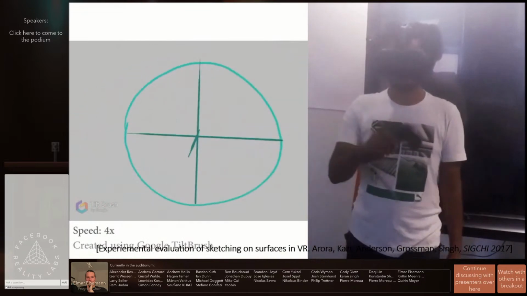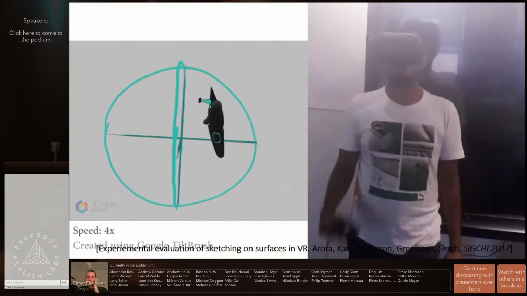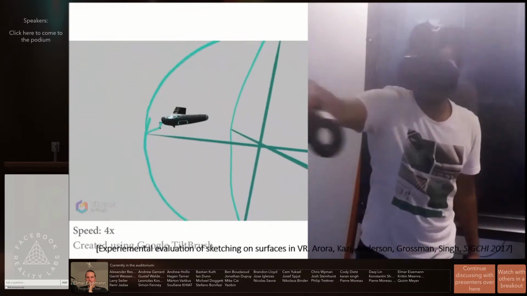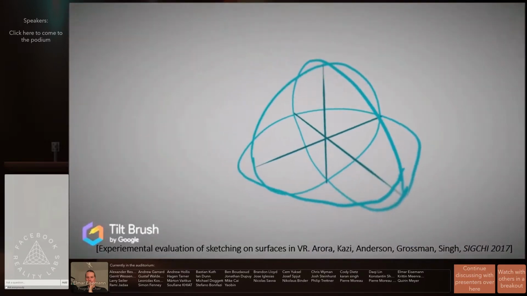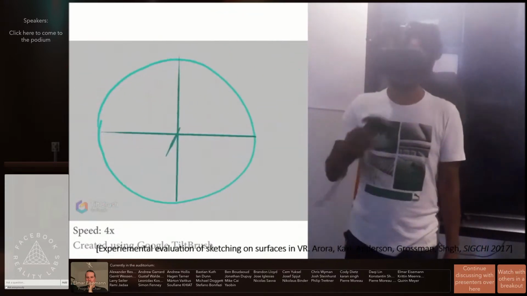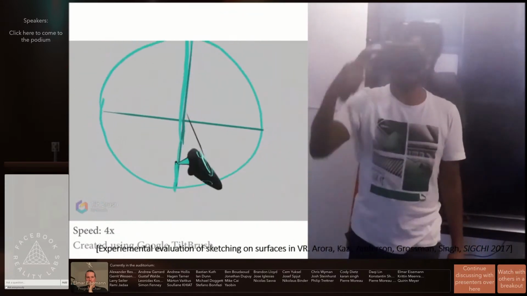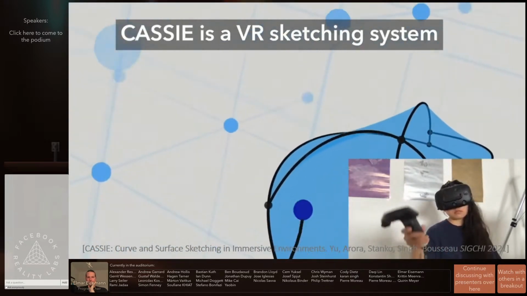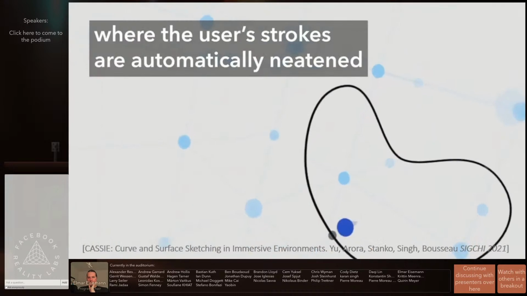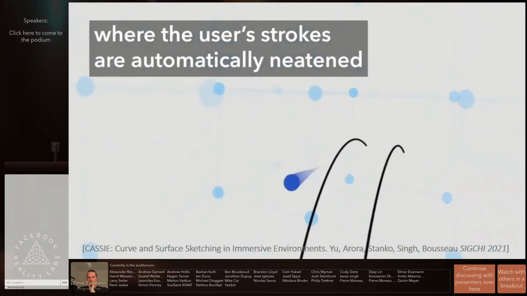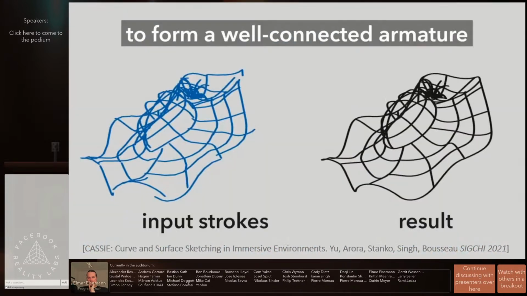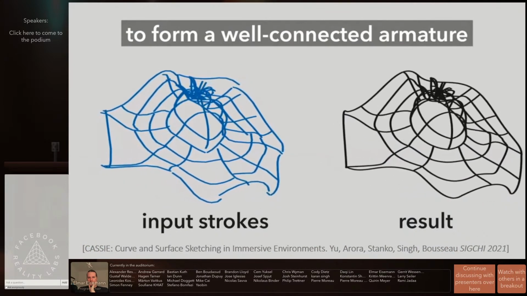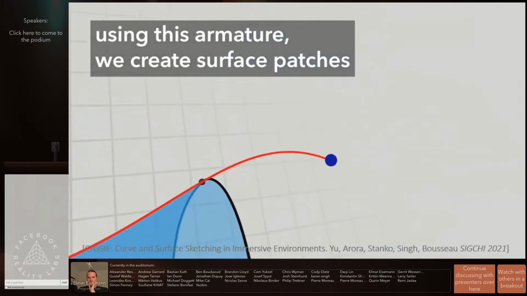It turns out, though, that while drawing in space has the appeal of a magic wand, the absence of constraints and a haptic surface to draw on make even simple design sketching challenging. CASI is an immersive sketching system that addresses this lack of constraints by inferring these for freehand 3D drawings to create a neatened curve network and predicted surface patches.